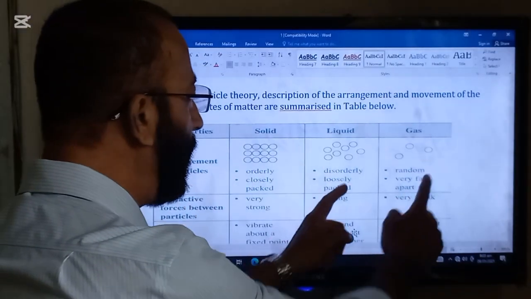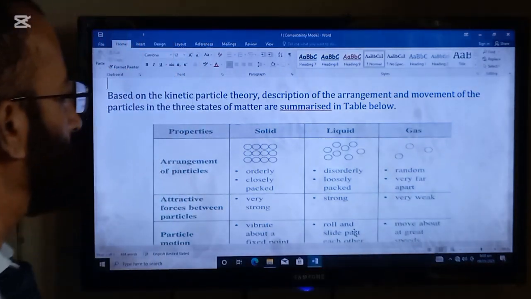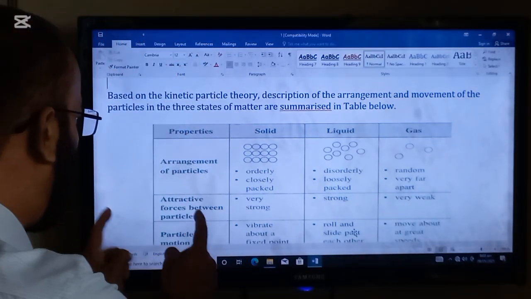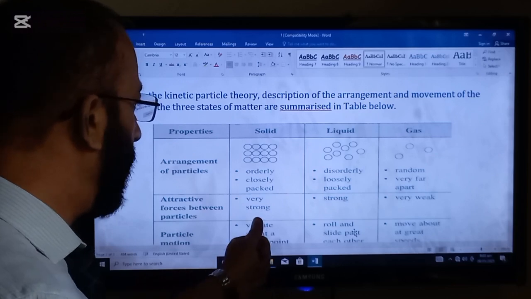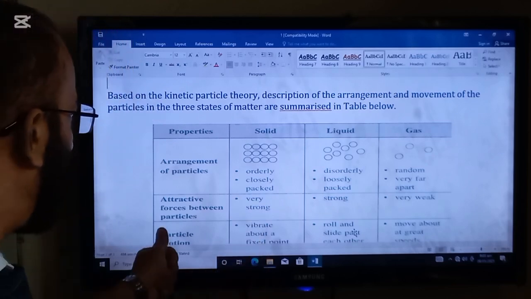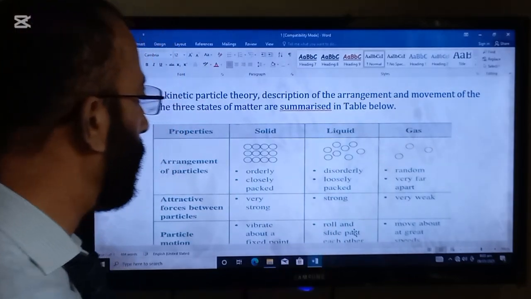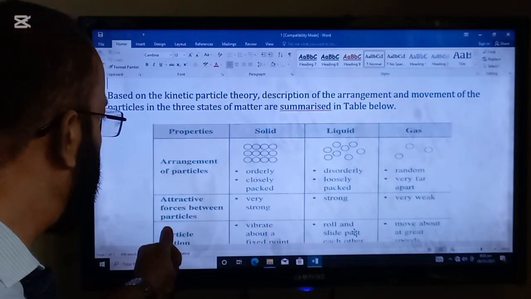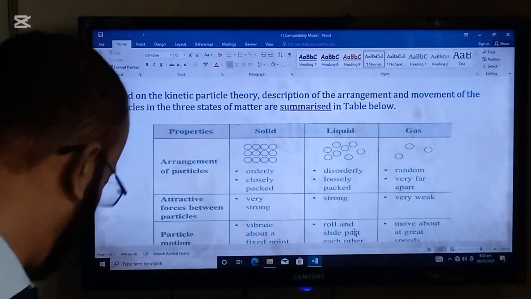Arrangement of particles in gas: random, very far apart. Attractive forces between particles in solid, very strong. Attractive forces between particles in liquid, strong. Attractive forces between particles in gas, very weak.